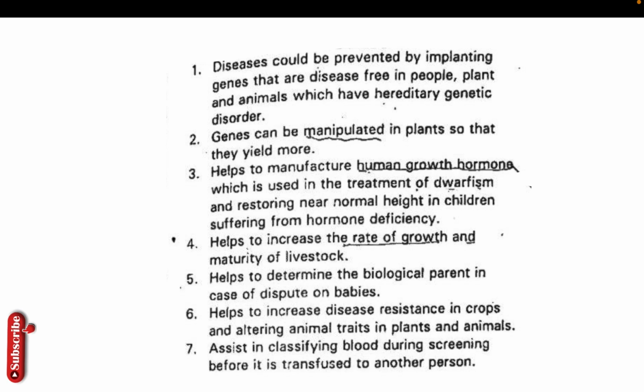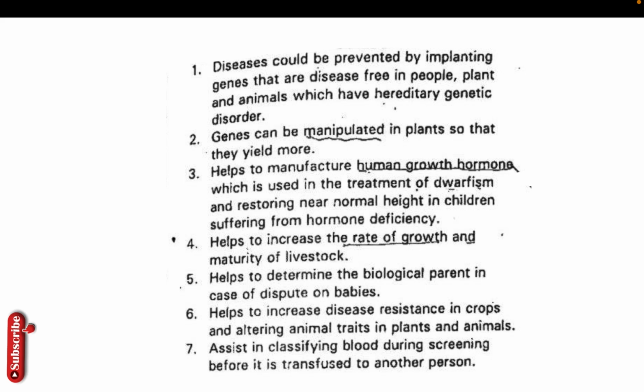Number one, you can prevent genetic disorders, both in animals and in human beings, because now you are implanting disease-free genes to people or animals. So you can prevent a particular disorder.